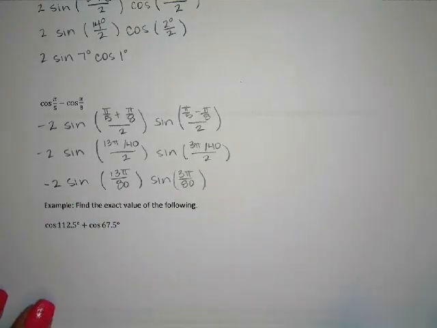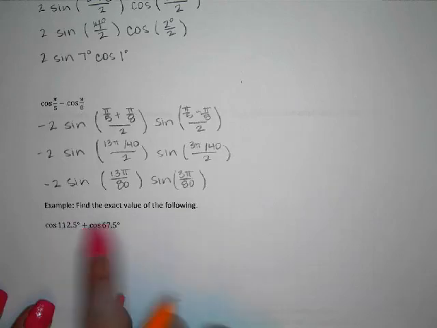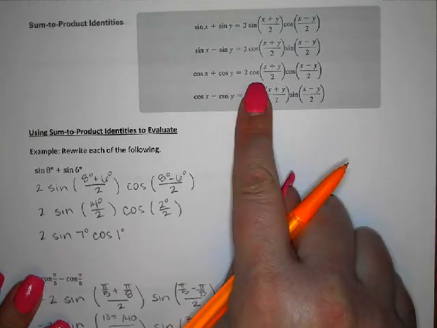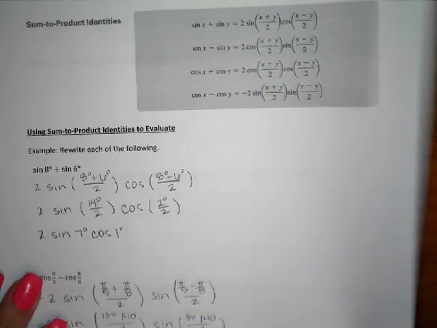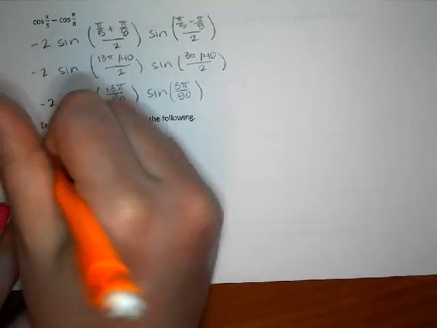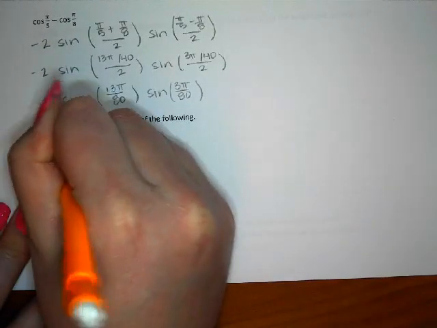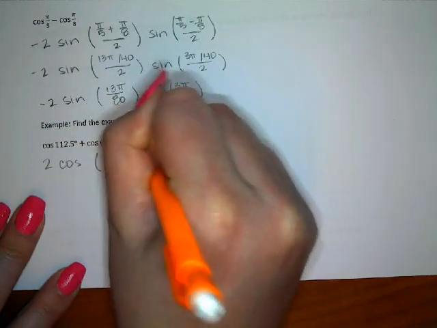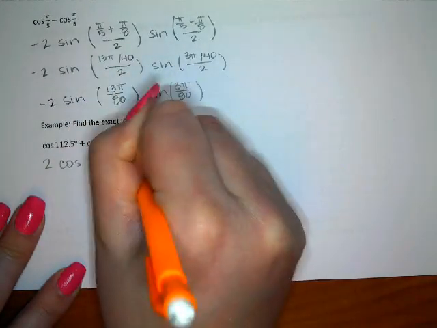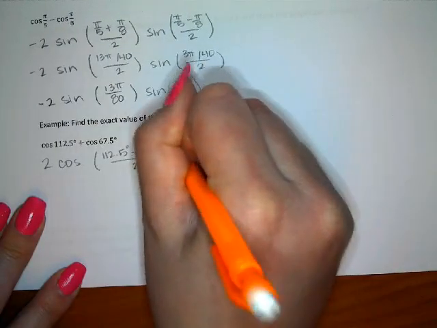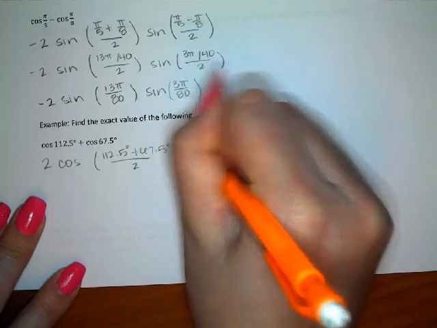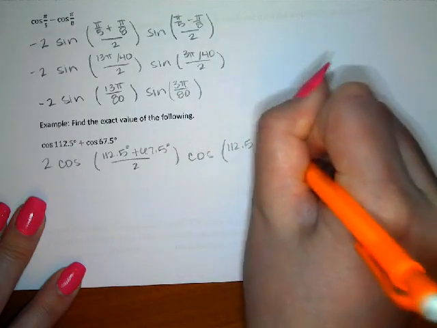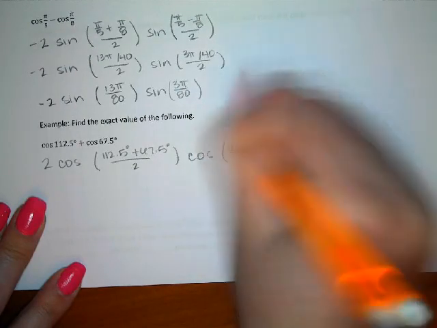For the last one, we have cos plus cos, and so that's the third formula here. So we're going to do 2 times cos of the angle plus the angle divided by 2, and then cos of the angle minus the angle divided by 2.